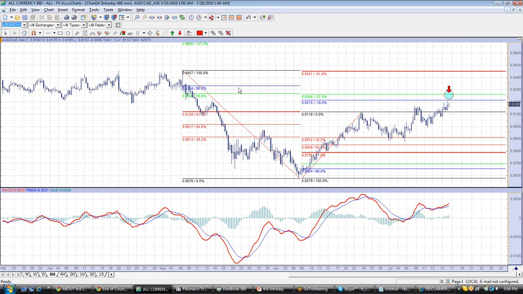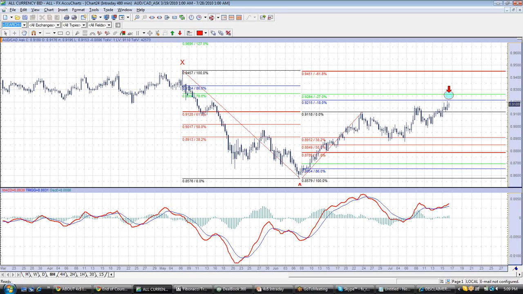Now this is for those who have attended the Gartley class a couple of weeks ago. This is a bearish Gartley. I will type the letters. We have the X here at the top at 94.57. We're looking at the 8-hour Aussie Canadian chart.